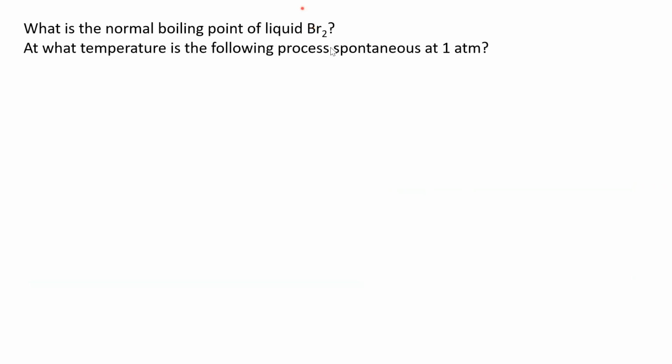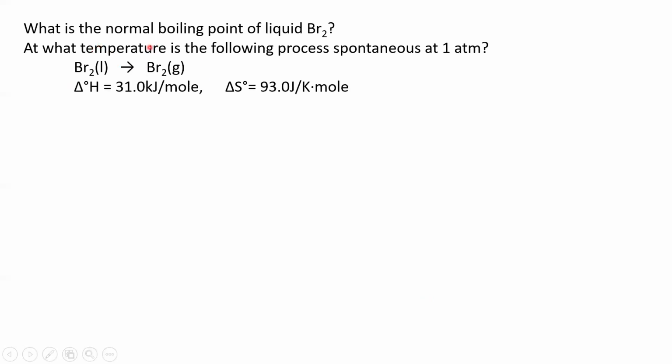Let's do some math. Okay, that was kind of conceptual. What is the normal boiling point of liquid bromine? At what temperature is the following process spontaneous? So liquid bromine going to gaseous bromine. Now we need to know some information about bromine. This process is endothermic.